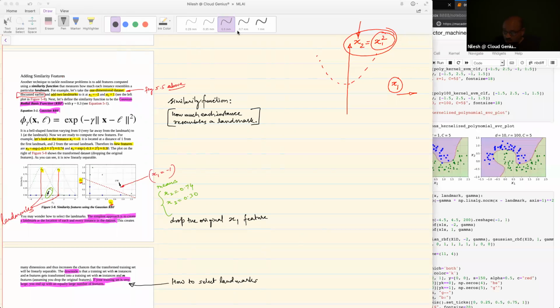So with that, like we did before, in this example the idea is similarity. And that is conceptually the same idea here. Same thing, except the transformation happens in a slightly different fashion. The transformation function is a Gaussian RBF, which is a radial basis function. What this radial basis function does is it is basically a bell-shaped curve.